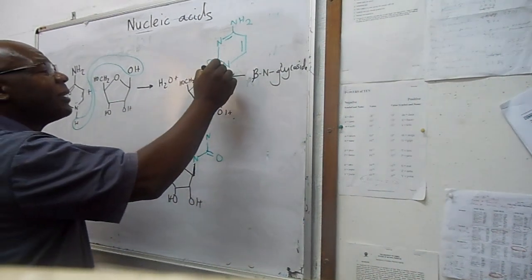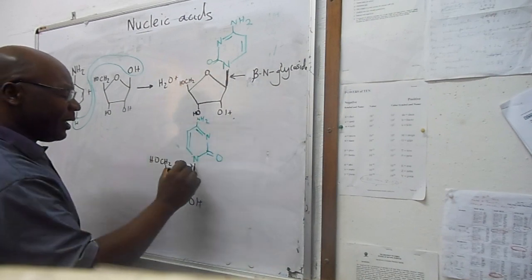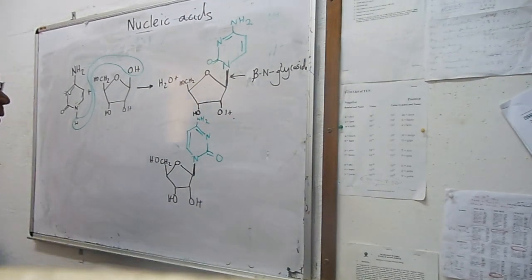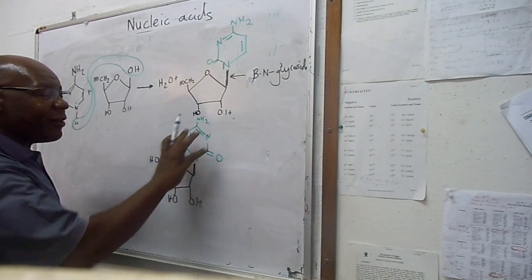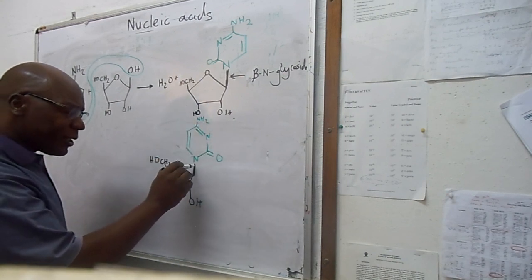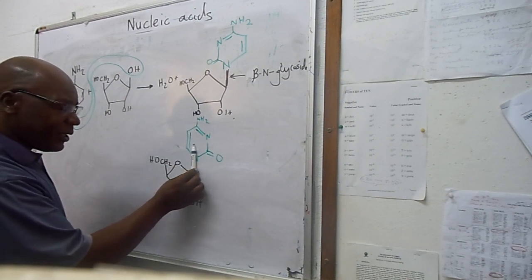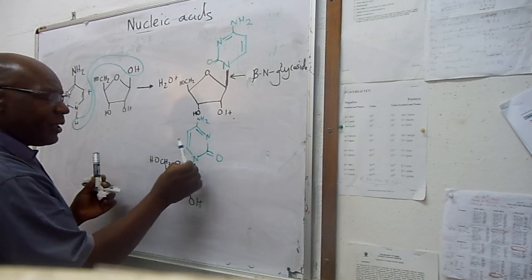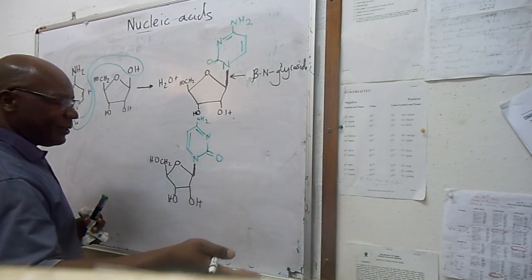Let's look at this bond we are calling the N-glycoside, and use it as a reference point. Look at the terminal hydroxide and the molecule of the base. In this one, the terminal hydroxide is pointing to the left, and the bulk of the molecule is pointing to the right.